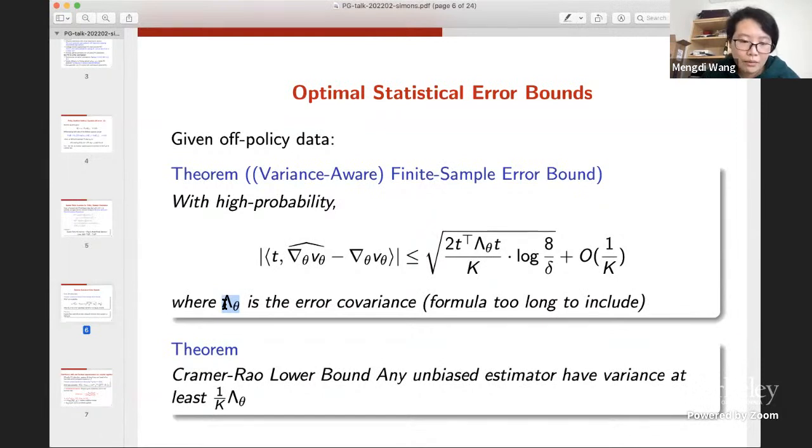We also provide a companion Cramer-Rao lower bound, which says that this particular variance-aware upper bound is statistically optimal, meaning that the fitted iteration gives the best possible policy estimator, even in the off policy training case. So it should be the estimator with the smallest error bound and variance.